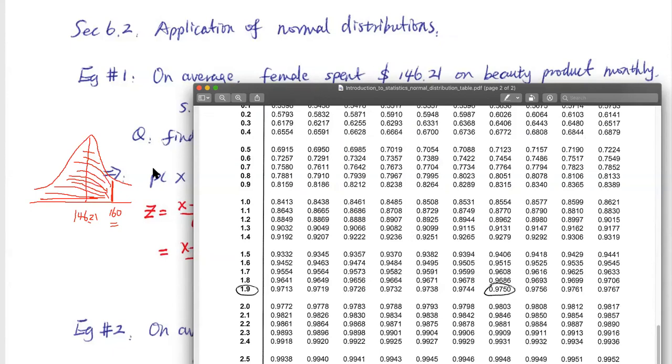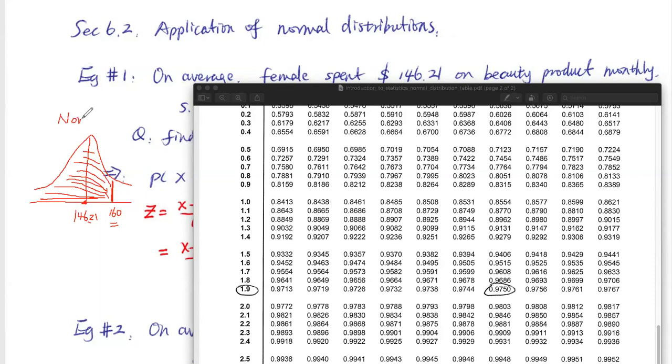Let's ask ourselves, is the distribution here a standard normal distribution? Yes or no? No. Why is that? Because the center of a standard normal distribution has to be 0. But the center of our distribution here is 146.21, right? That's not standard. It is a normal one, everybody. This one here, we say it is a normal distribution.